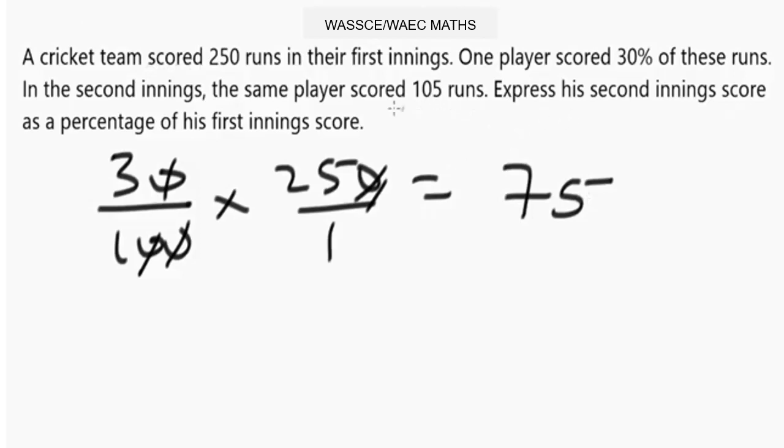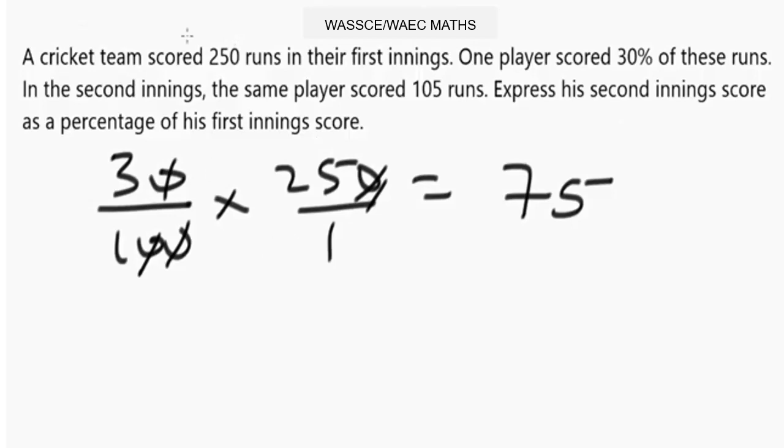Now the question went further and said, in the second innings, the same player scored 105 runs. Express his second innings score as a percentage of his first innings score. Very, very simple. Now that we have the runs in the first innings of that one player, we can go ahead and express his second innings score as a percentage of his first innings score.